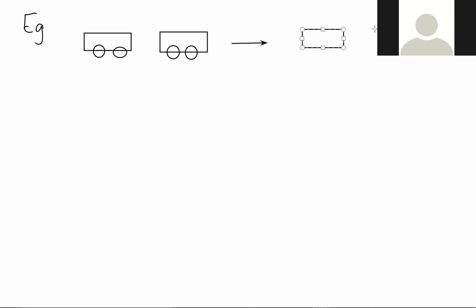Let's take a look at example calculation. Okay, 比如说 I have 2 trolley. 这个就是 online 的不好，很麻烦。Okay, I have 2 trolley, then after they collide, they move together.